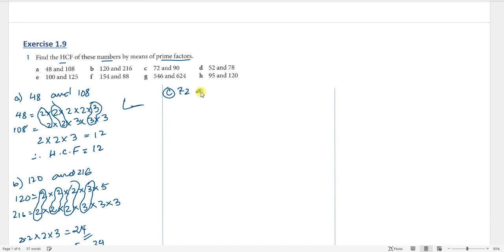72 and 90. So we had 72 is equals to 2 times 2 times 2 times 3 times 5, and 90 is equals to 2 times 3 times 3 times 5. So let's find the common factors.